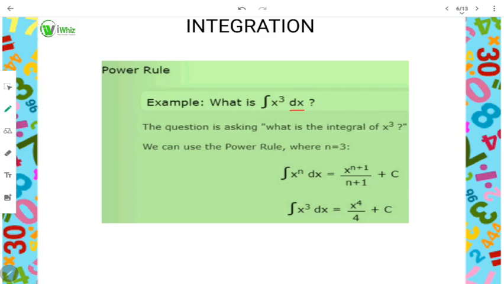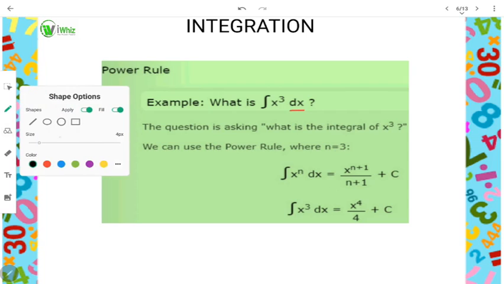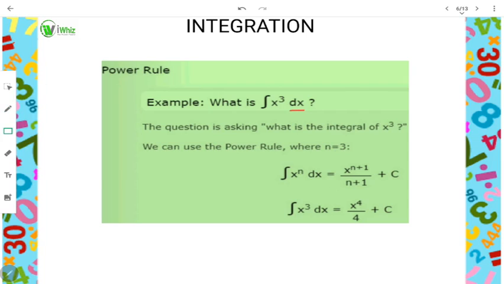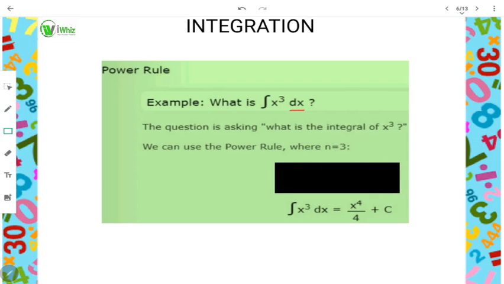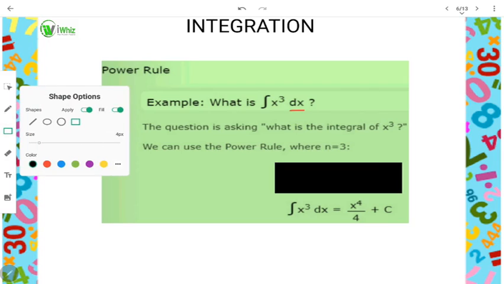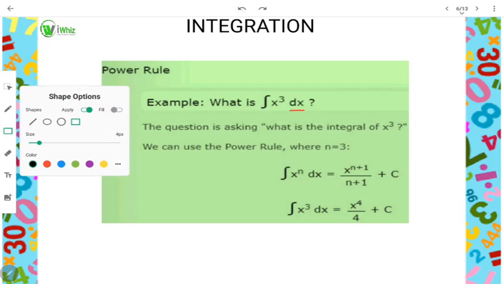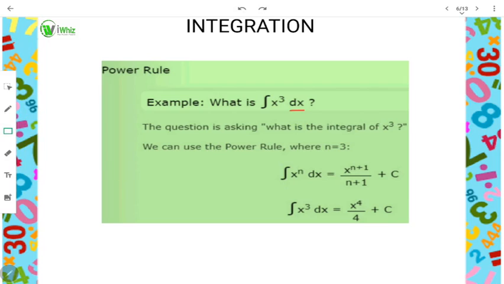So what the question is asking is, what is the integral of x cubed? We can use the power rule where n is equal to 3.